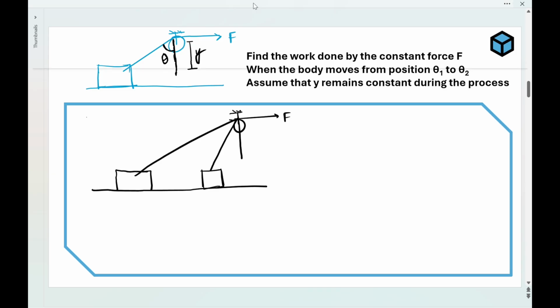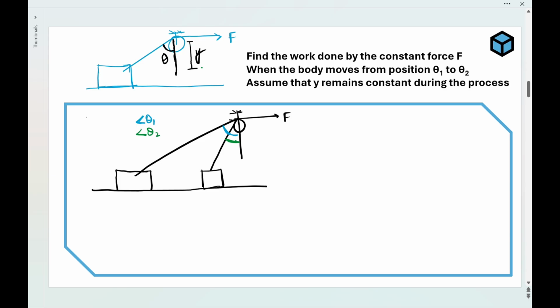This is the vertical, and here the angle I am highlighting with this color is theta 1, and it has gone to theta 2. This is theta 2.